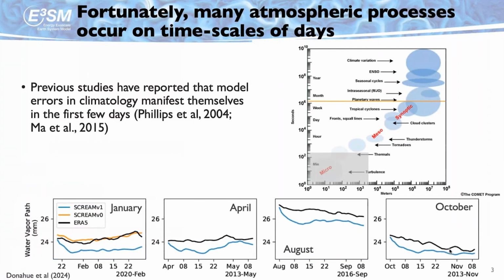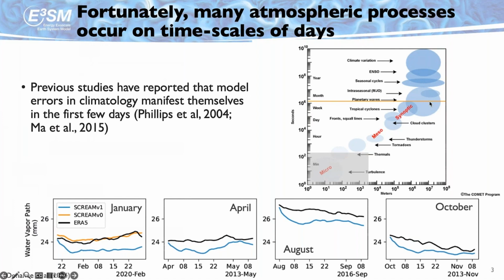To give you a visual representation, on the top right we're looking at atmospheric phenomena as a function of spatial scale and temporal scale, where I've drawn an orange line at about 1 week.